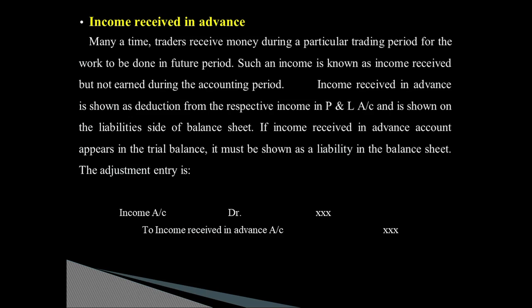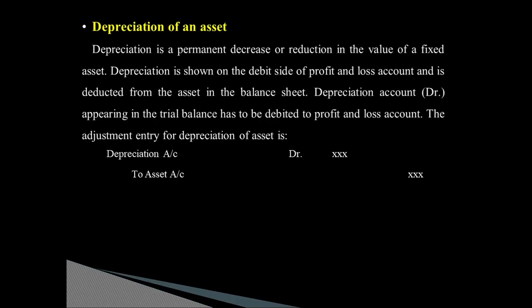Such income is shown on the liability side of the balance sheet and deducted from the concerned income. The journal entry is income account debit to income received in advance account. It always appears on the outside of the trial balance.